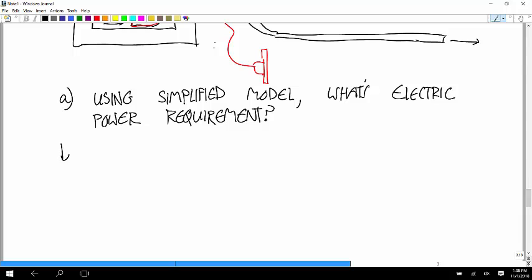And then for part B, now let's say that this isn't just going from one part of a room to another part of a room, but it's going to two different sections of some kind of machine.